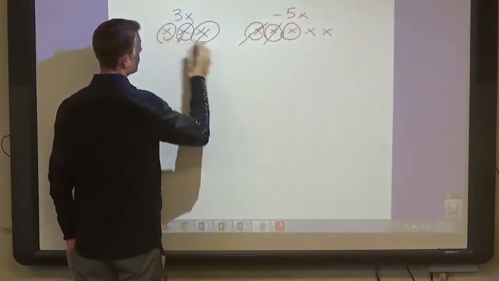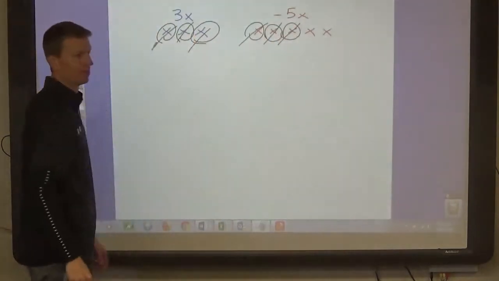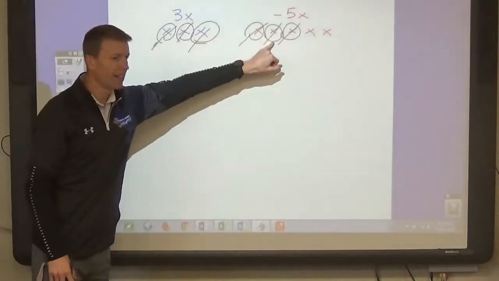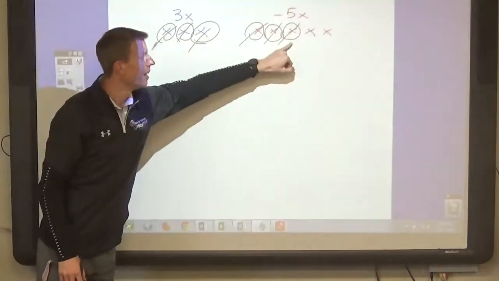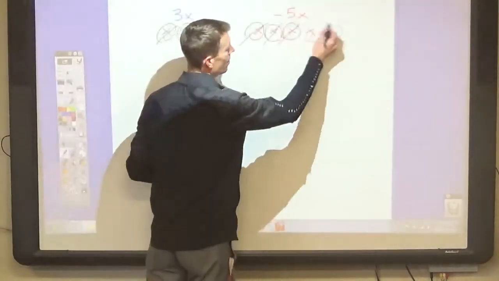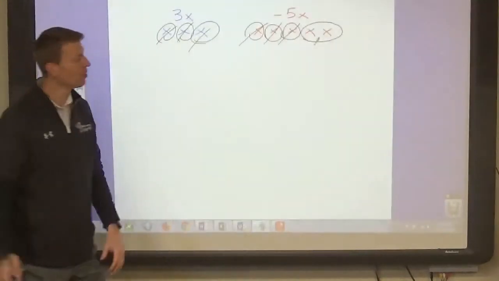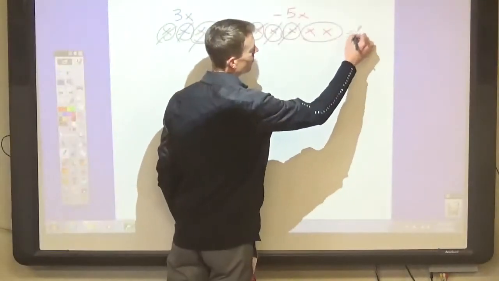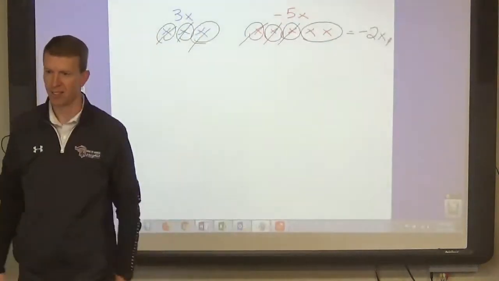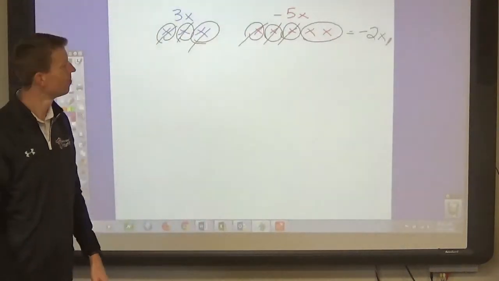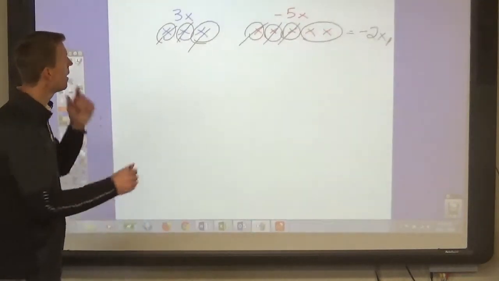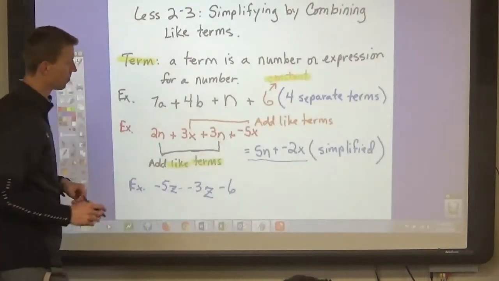And these cancel each other out. You know why? It's like negative 1 plus 1 is 0. And you're left with negative 2x, or negative 2x's. Okay? So that's what it looks like. That's what you can imagine when you're adding like terms.